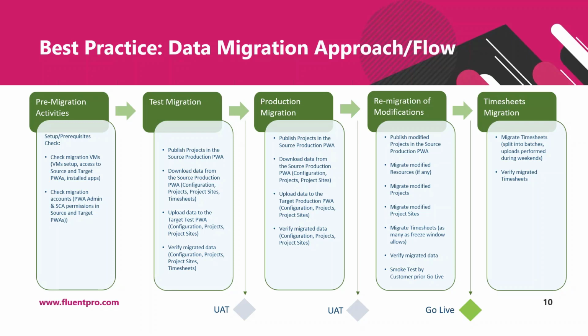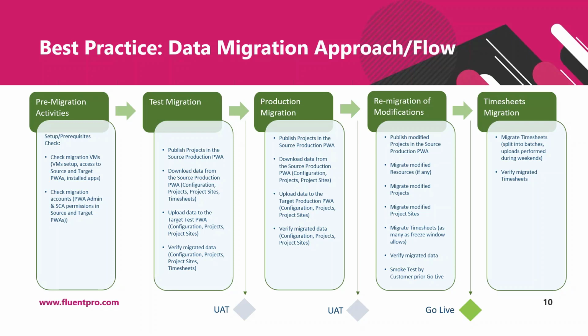Once preparation is completed and all prerequisites are done, the next phase is test migration. The first step of this phase is to publish projects in the source production PWA. This is done to improve integrity of the migrated data. After projects are published, the next step is to download this data from the source production PWA into the local files: configuration, projects, project sites, and timesheets.